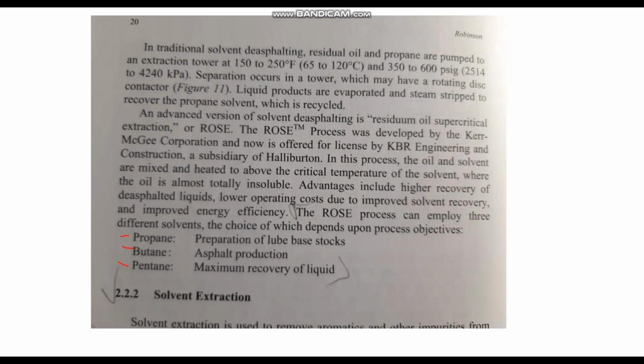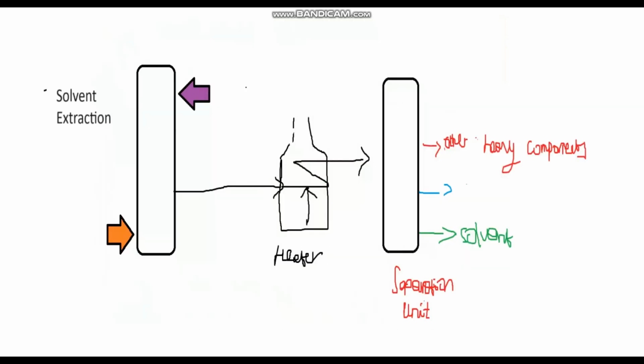Let's go to the next, which is solvent extraction.